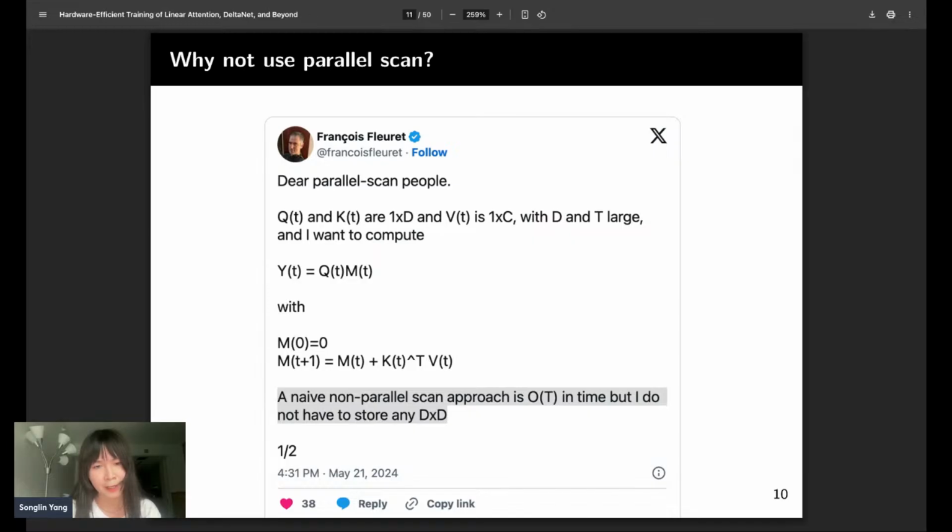As we mentioned before, linear attention implements a state expansion mechanism, and for each position, the recurrent state is of size d by d. If we materialize the recurrent state for every single time step, the memory complexity is O(L times d square), which is d times larger than the query vector or the key vector, and this is not acceptable. For these reasons, parallel scan is just too slow in practice to train these linear attention models.